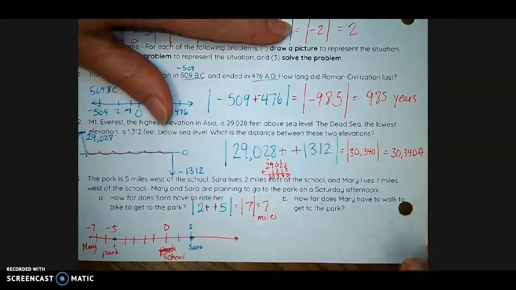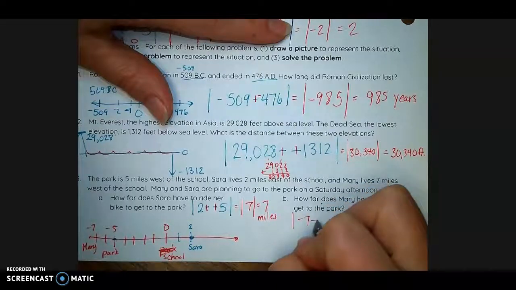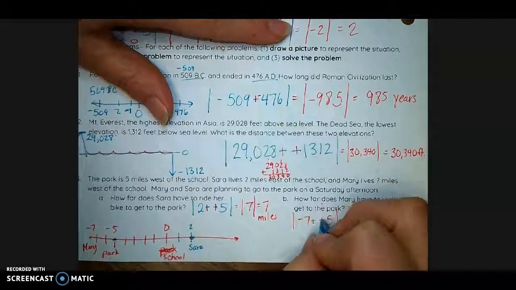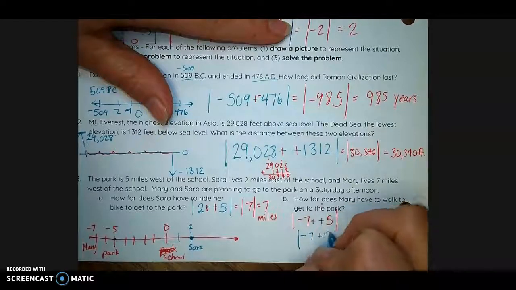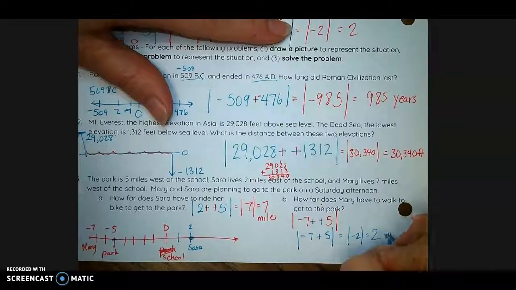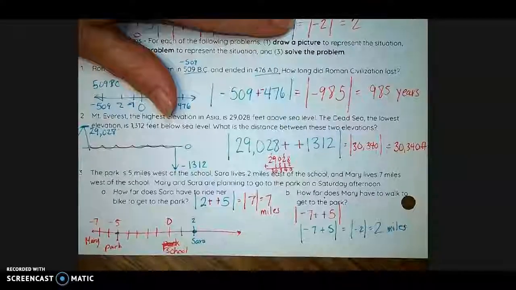Now, how far does Mary have to walk to get to the park? Well, Mary just has to walk 2 miles while Sarah is biking 7 miles to get to the park.